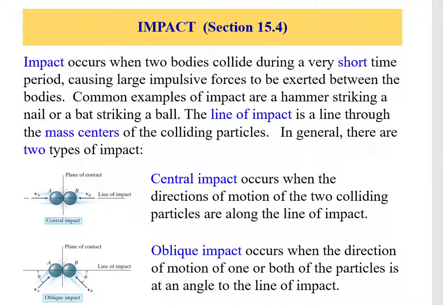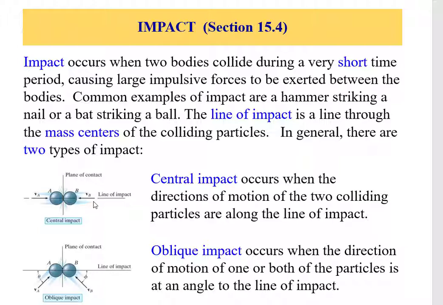On the other hand, about the plane of contact, which is perpendicular to the line of impact, the conservation of momentum can be applied for each individual mass, as we will see there. Now, knowing that these equations are vector, we'll end up with four equations.